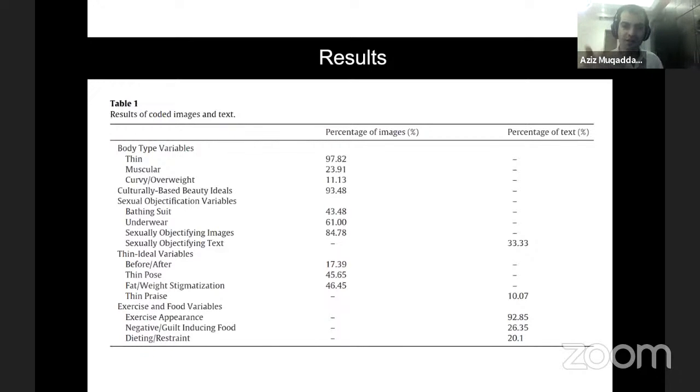So you exercise for the sake of appearance, as they defined before. About 26% were about feeling guilty about eating food. So the images with text, about 26% were about feeling guilty about food. And 20% were about restraint. So your motive for looking fit is restraint or diet, right?